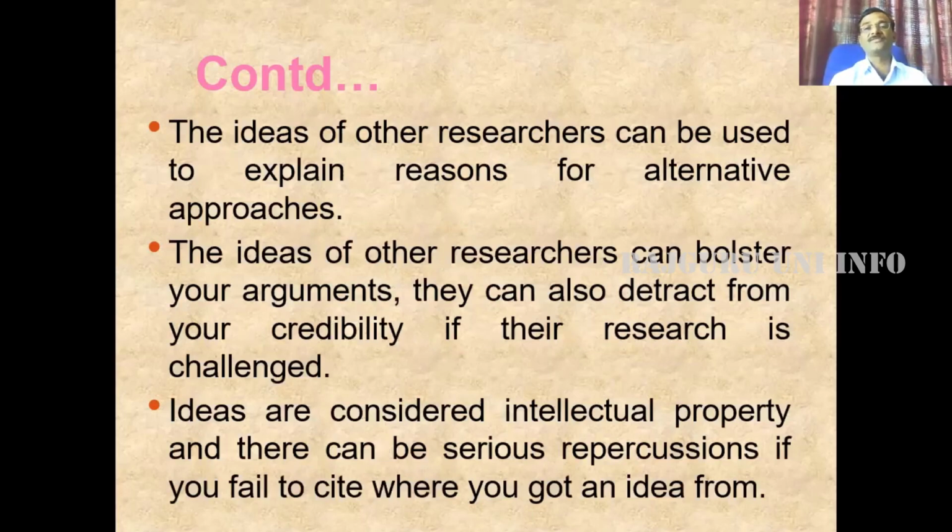Another importance of citation is that the ideas of researchers can be used to explain reasons for alternative approaches, and the ideas of other researchers can bolster the arguments, or detract from the credibility of the research one has challenged.